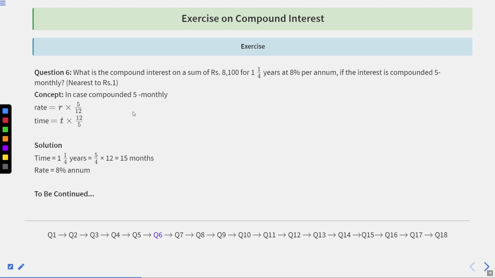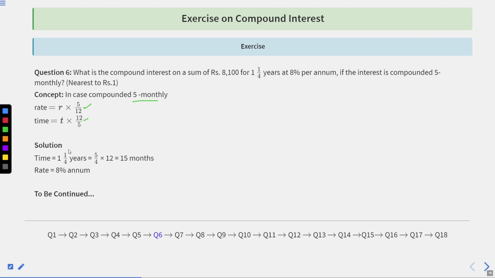The concept used here is that in case of compounding 5 monthly, the rate is equal to R into 5 upon 12 and the time is equal to T into 12 upon 5. These are the changes that we are going to make in our rate and time, because the interest is compounded every 5 months.